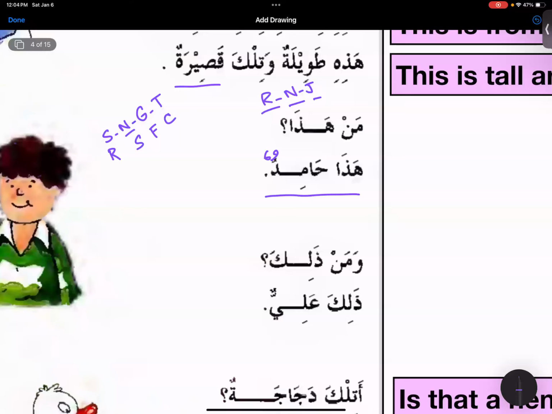It is Rafa status, singular, masculine. Can we say it is common? No, it is proper because it's a name. Good, very good.